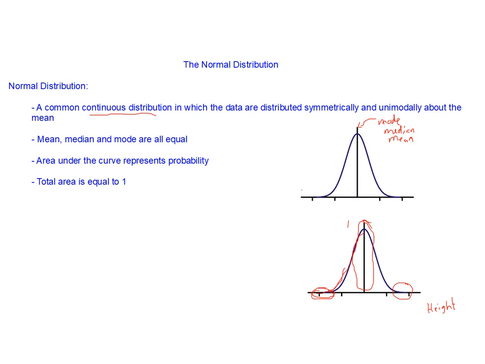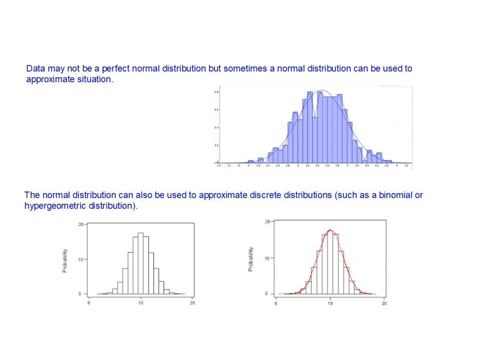If you took a large enough population and graphed the heights, you would get something that looks sort of like this. One thing that you should note is that the data that you graph may not give a perfect normal distribution. Here's an example of some simulated data. You can see the histogram here.